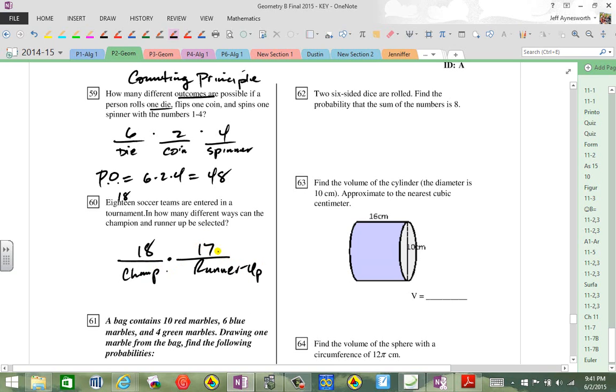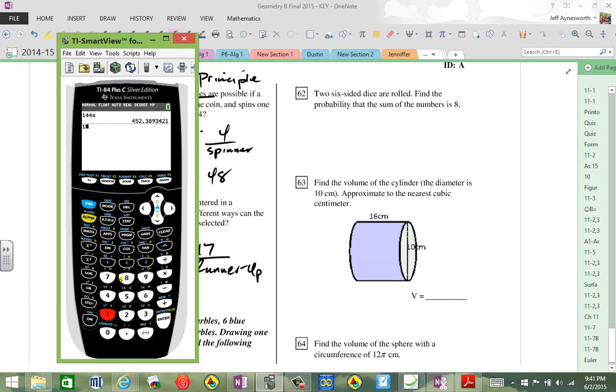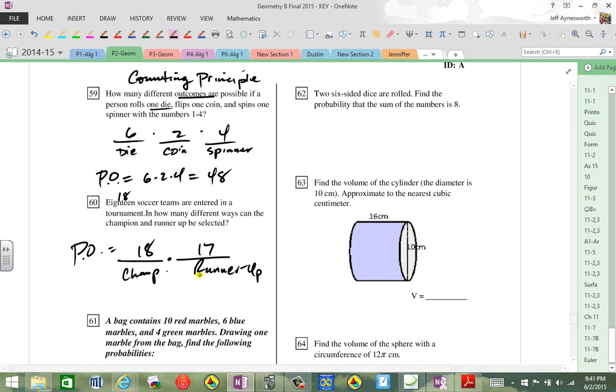So there's got to be 17 possibilities here. The counting principle says multiply them together, so 18 times 17. Well, what is that? 18 times 17, you get 306. So there's 306 different possible outcomes. PO is possible outcomes.